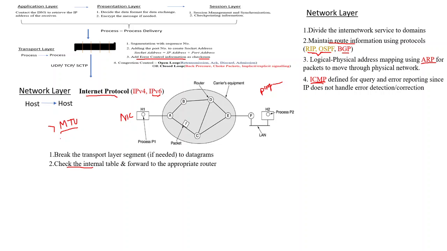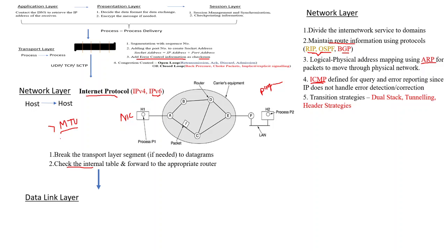Now another thing is, as I said, there are so many subnetworks that are connected to form the internetwork. Each subnetwork is free to use its own version of IP. So this is completely a heterogeneous system where some subnetworks will be using IP version 4 and some will be using IP version 6.